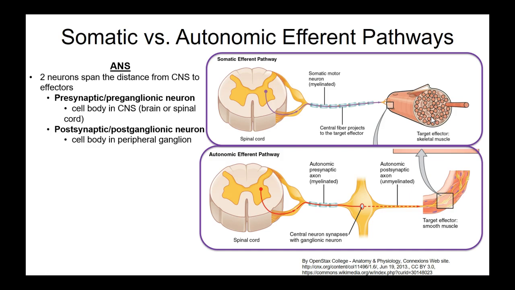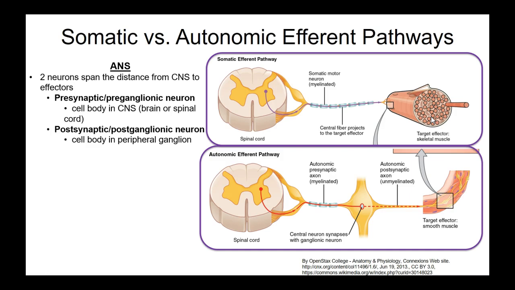In order for the presynaptic or preganglionic neuron to communicate with the postganglionic neuron, it does that through what type of chemical? What was the classification in order for neurons to communicate with each other? So neurotransmitters, right?